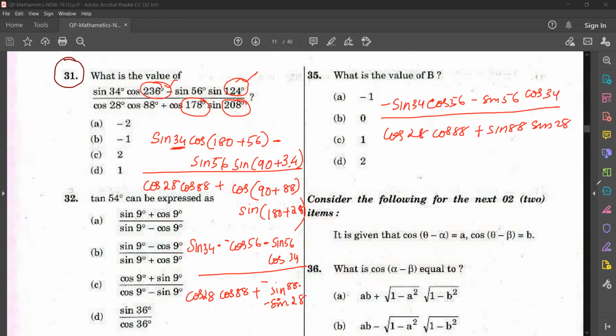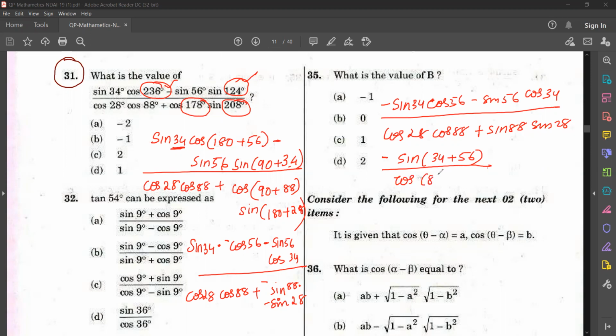Are you following? If I take a minus outside from the numerator, this will become sin 34 cos 56 plus sin 56 cos 34. So I can write that as sin of 34 plus 56, divided by, here cos A cos B plus sin A sin B. What is that? Cos A minus B.